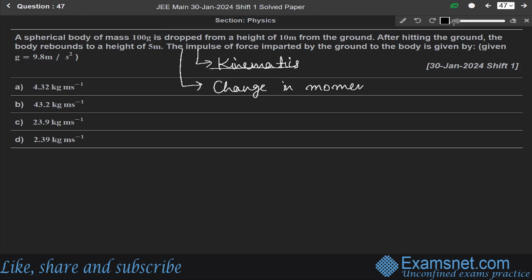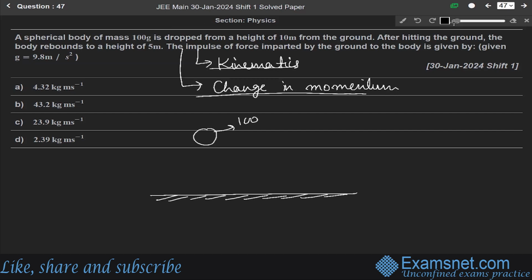Change in momentum. Now, according to the question, let us say this is the ground. There is a spherical body. Its mass is given as 100 gram. It is dropped from a height of 10 meter from the ground. After hitting the ground, the body rebounds to a height of 5 meter.